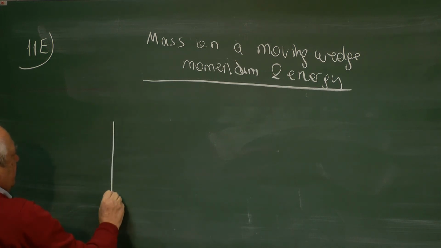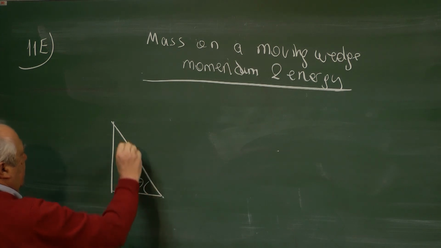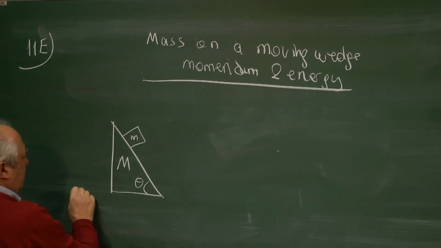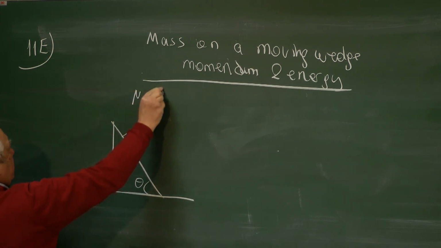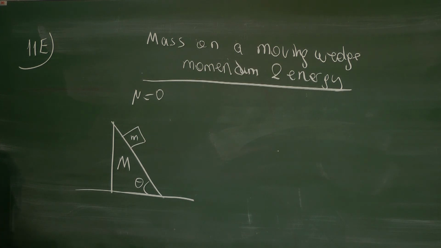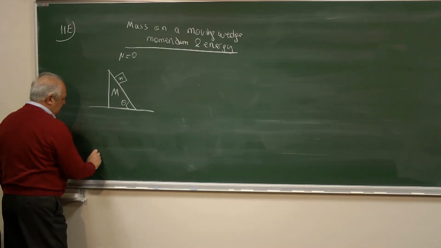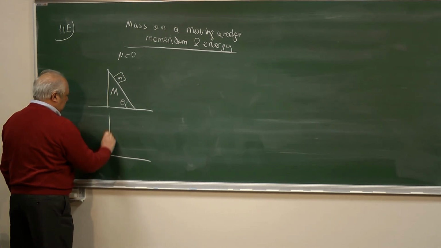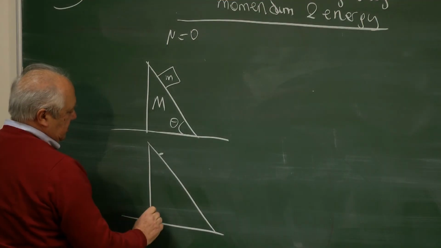We have this wedge. No friction, mu equals 0 everywhere. And this falls down, slides down, and sometime later, this was its original position.